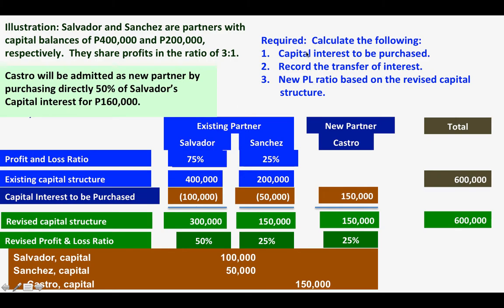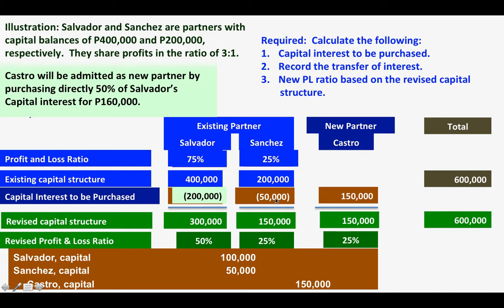And we will still retain the same requirement. So what we are going to change is the capital interest to be purchased. In this situation, 50% of Salvador. So Salvador has 400,000, so 50% of that is 200,000.